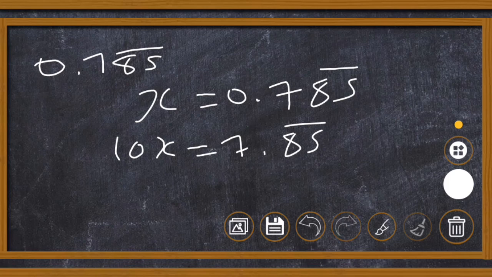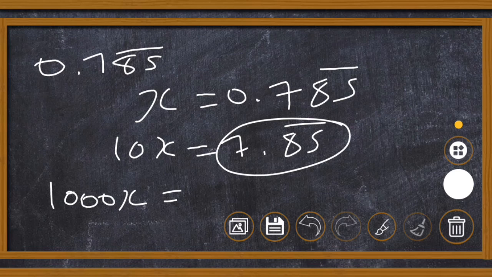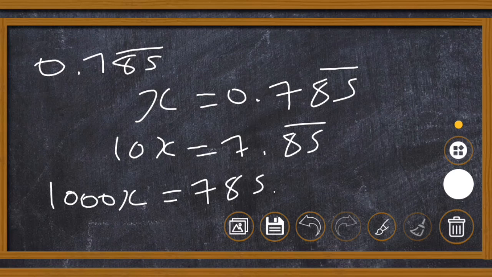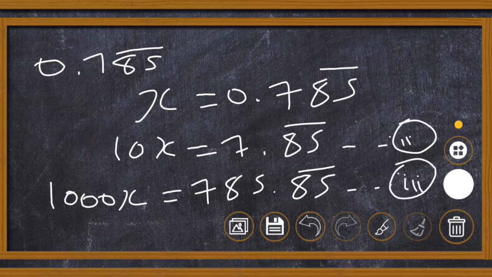So 100 multiplied by 10, we are going to have 1000x equal to, now 100 multiplied by these figures we have here, we are going to have what? 785.85 with a bar. After we are done with this part, the next part is subtracting the second equation, which is this one, from the third equation.